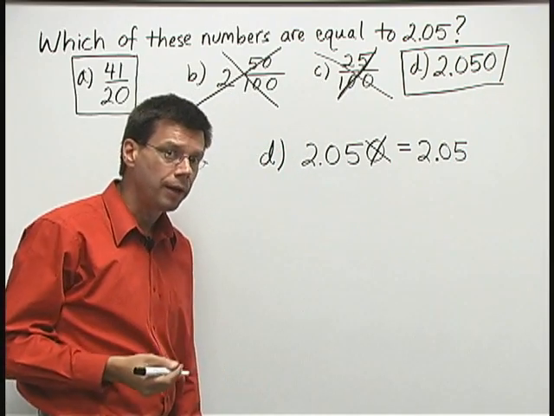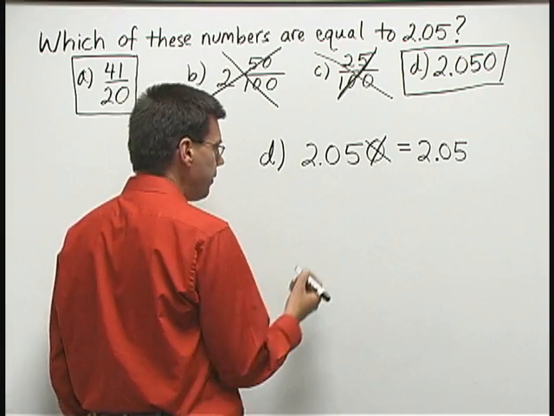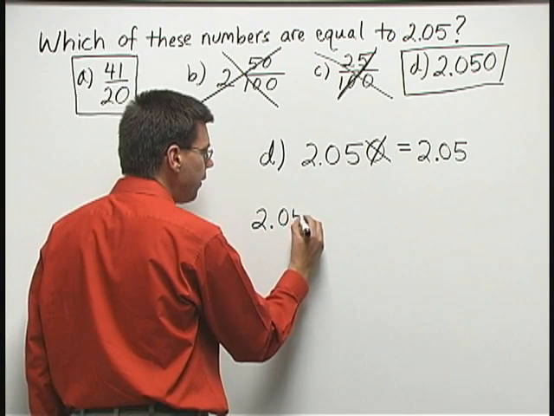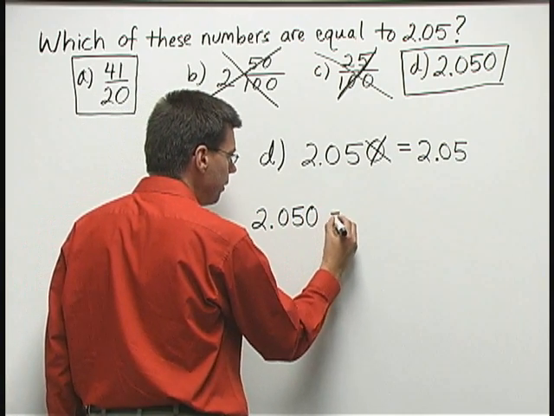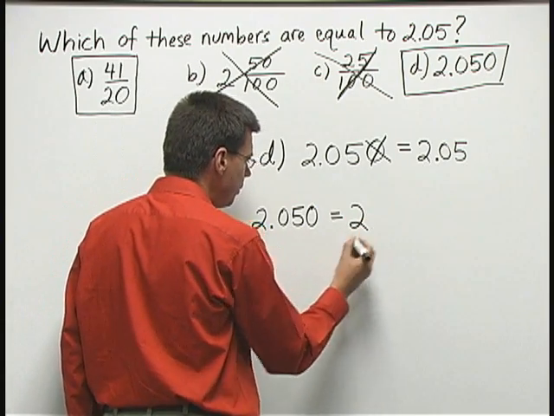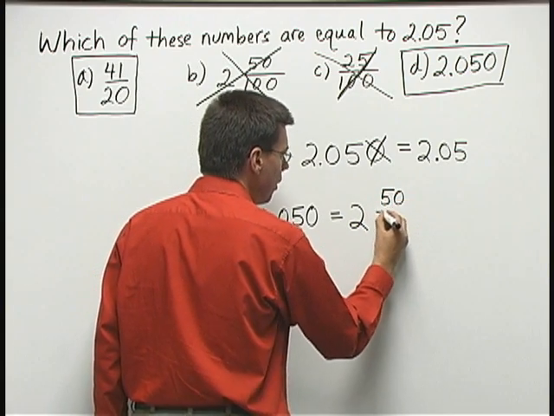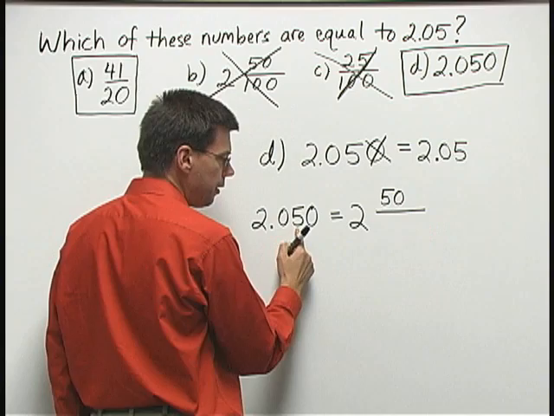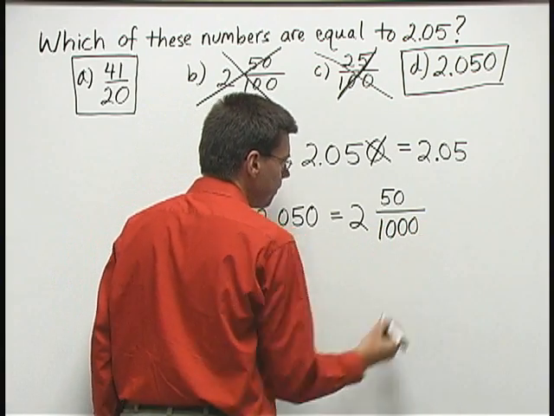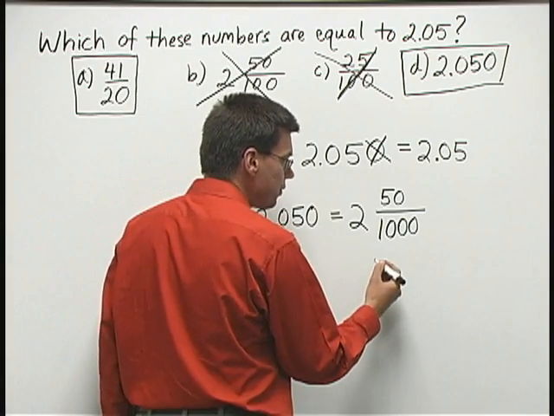Now just before we quit, let's talk a little bit about why we can cross out that 0 on the end. See, 2.050 stands for the mixed numeral 2 and 50 over tenths, hundredths, thousandths, 50/1,000ths. 2 and 50/1,000ths could be reduced.